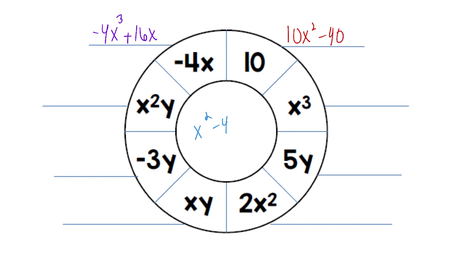X cubed times x squared minus 4 is x to the 5th minus 4x cubed. 5y times x squared minus 4, 5x squared y minus 20y. 2x squared times x squared minus 4 is 2x to the 4th minus 8x squared. xy times x squared minus 4 is x cubed y minus 4xy.